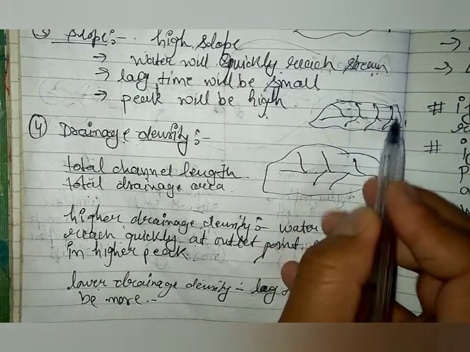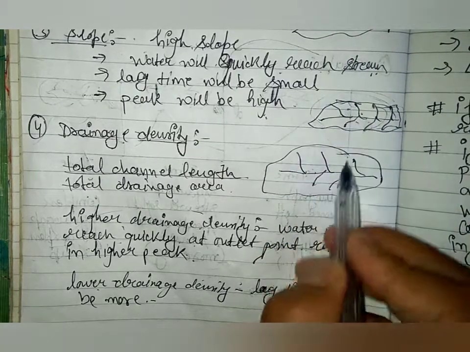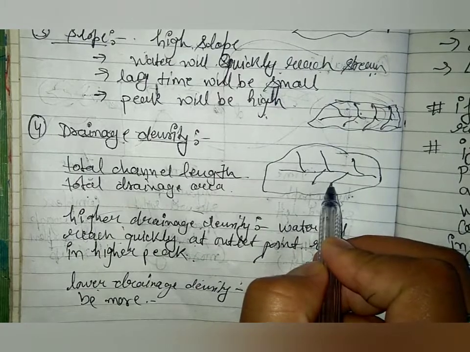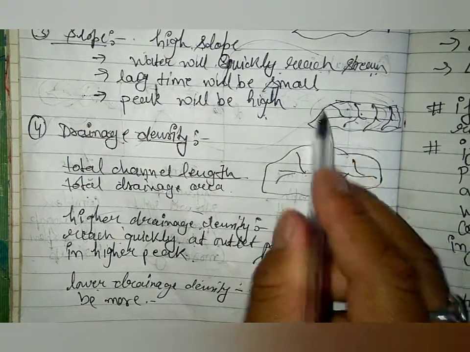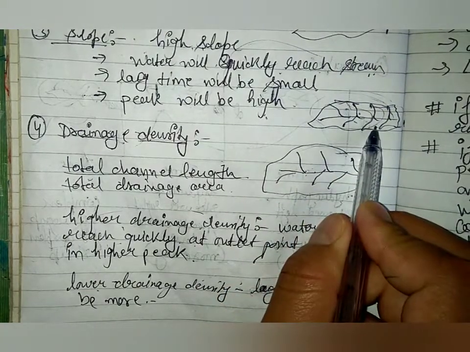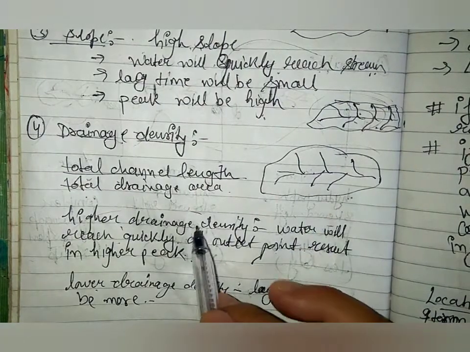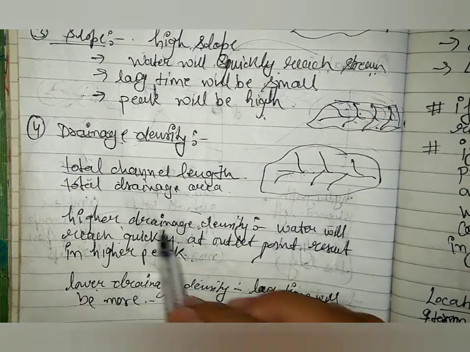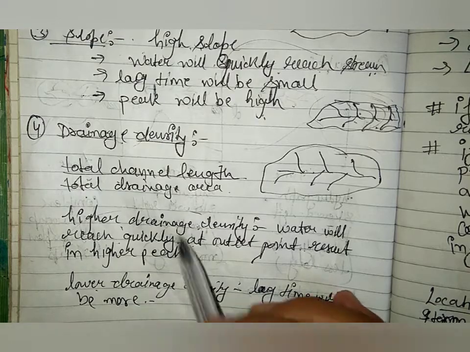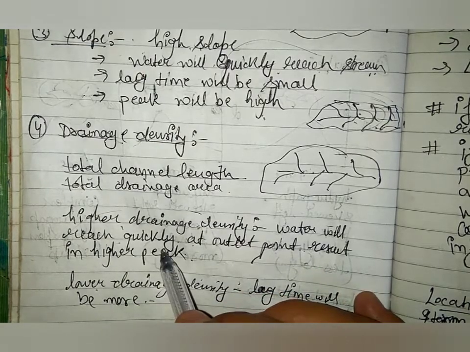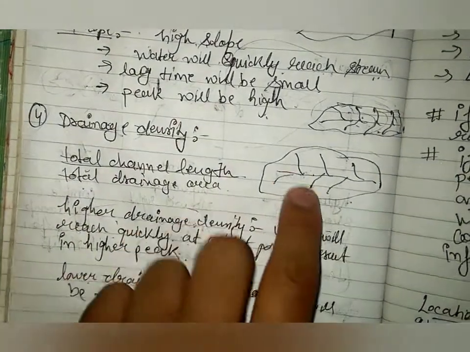So the drainage density here is large as compared to this one. The number of streams is much larger, so in this case water will reach the outlet point quickly, and it will result in a higher peak.